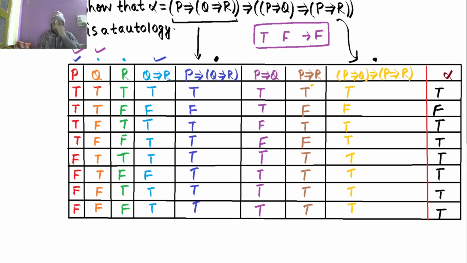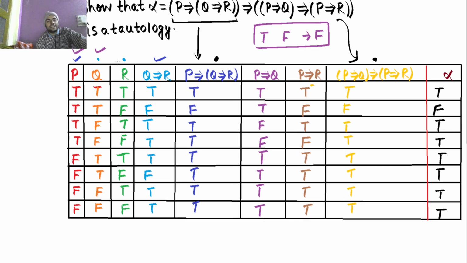We separately solve the bracket corresponding to that blue color, and that yellow bracket we solve separately, and then we take implies of both. So rather than focusing on the expression, we focus on truth values because they are simple to look at. The only thing you have to see is if the first one is true and the second one is false, only in that case it will be false. And now, have I made any mistake?